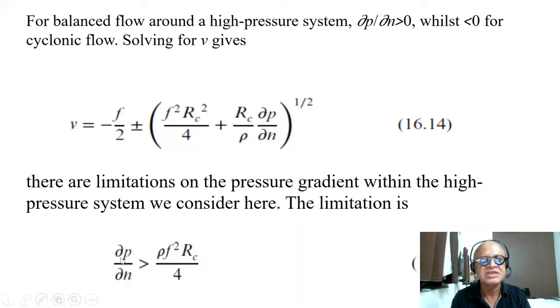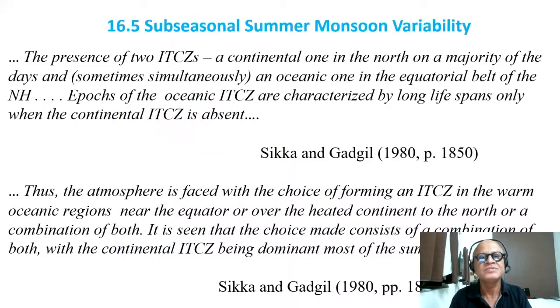The limitation is that dp/dn has to be greater than rho f squared RC over 4, essentially to balance the pressure gradient and the curvature of the flow and the Coriolis effect. Basically, as opposed to geostrophic balance, this is sometimes referred to as cyclostrophic balance.